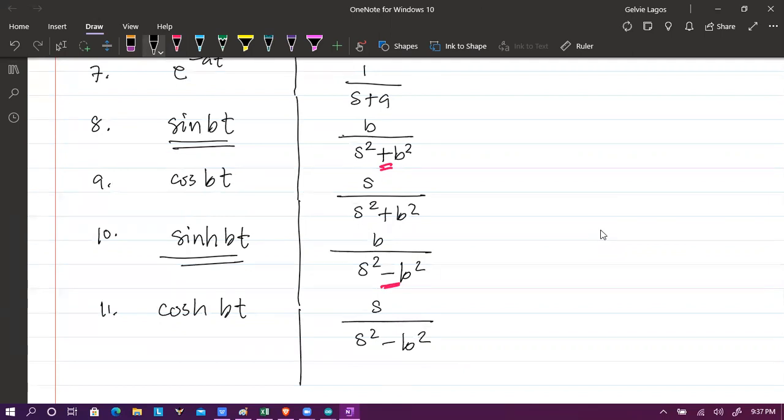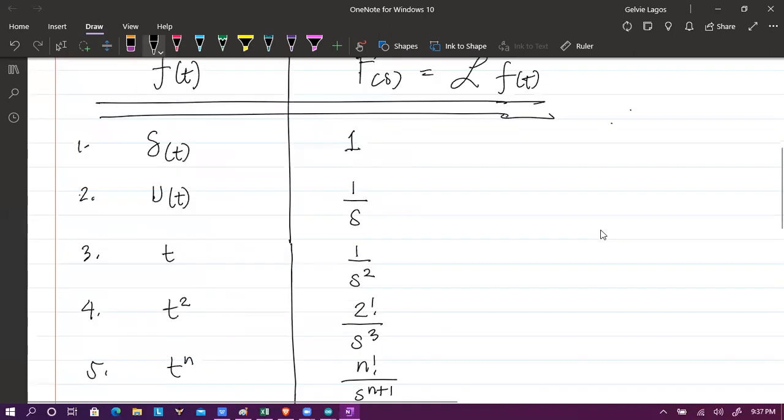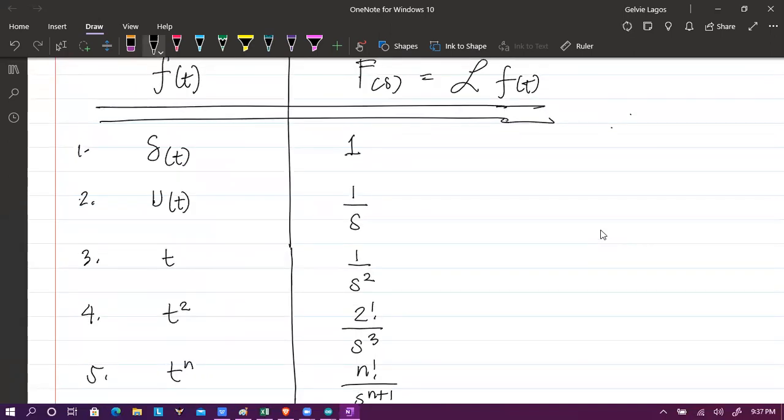For now, we will be focusing on this type of Laplace transformation.